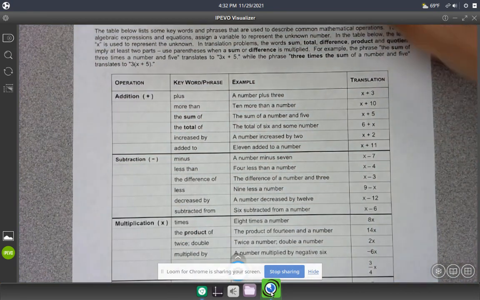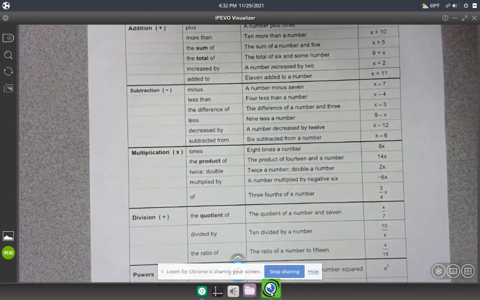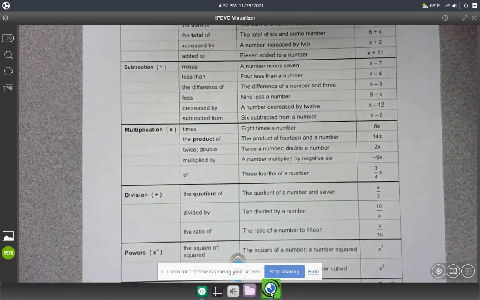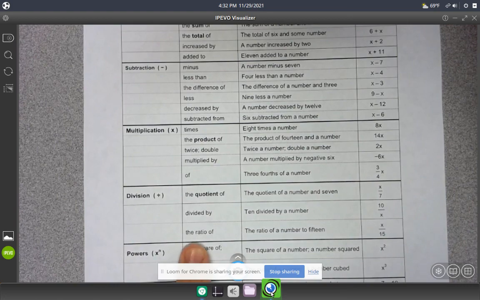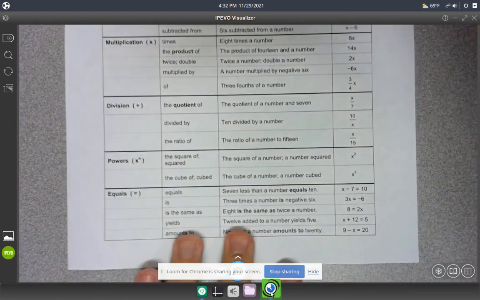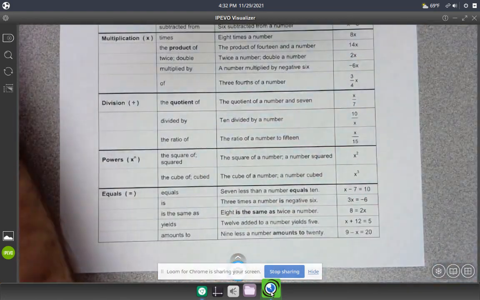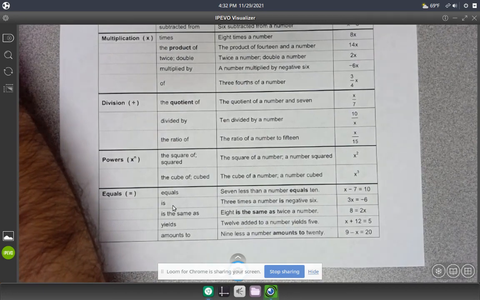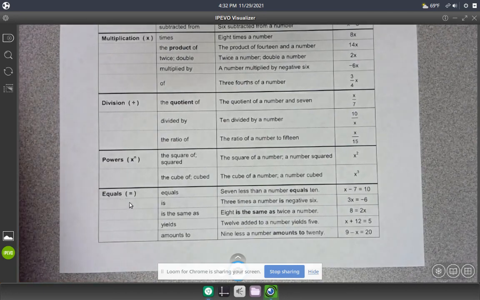Anyway, you've got those, and you've got words like multiplication, the product of. There are words for division. And there are some words down here for equals as well. There are several words that all mean the same thing when it comes to equals. Words like yield, which just means amounts to or equals, and is the same as, of course, that means equals as well.